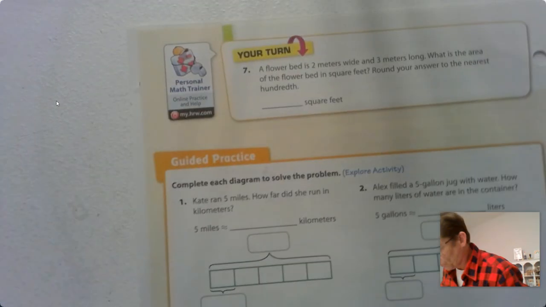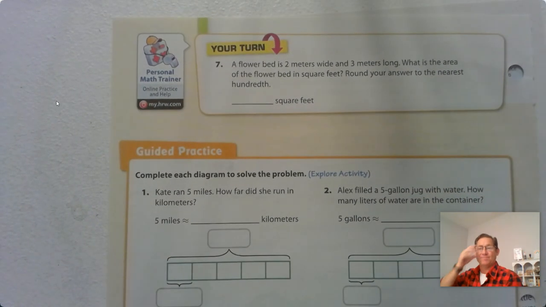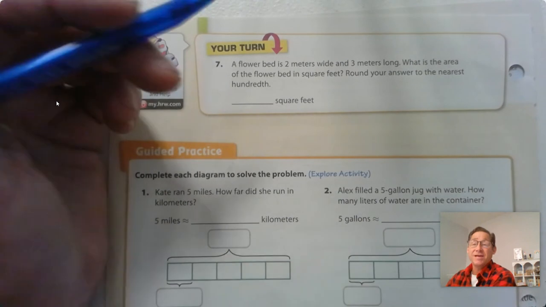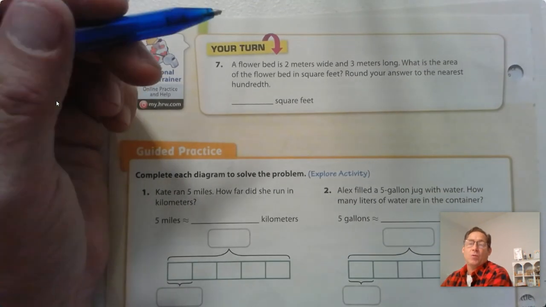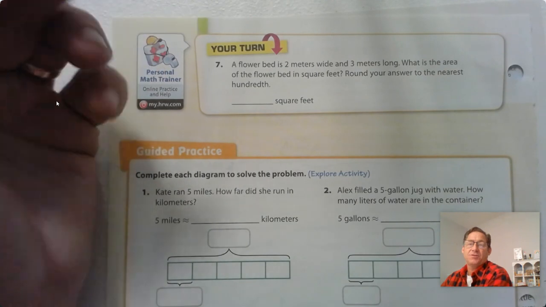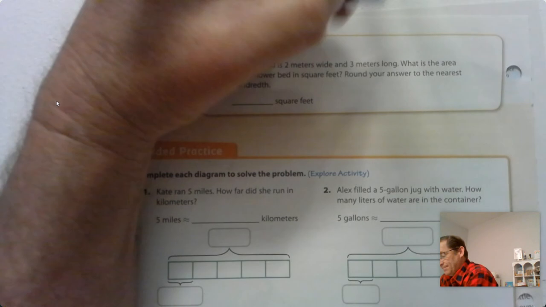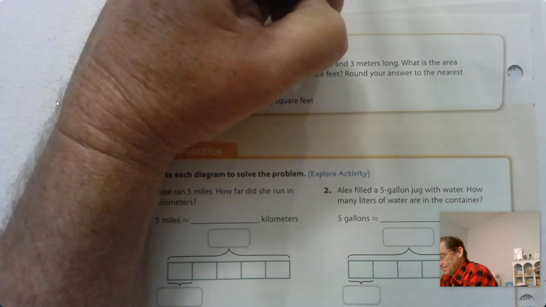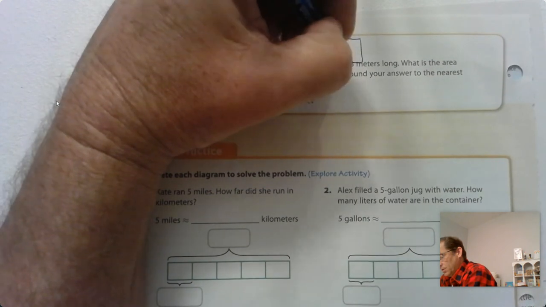All right, let's look at 196. All right, a flower bed is 2 meters wide and 3 meters long. What is the area of the flower bed in square feet? Round your answer to the nearest hundredth. All right, so 2 meters wide, 3 meters long.